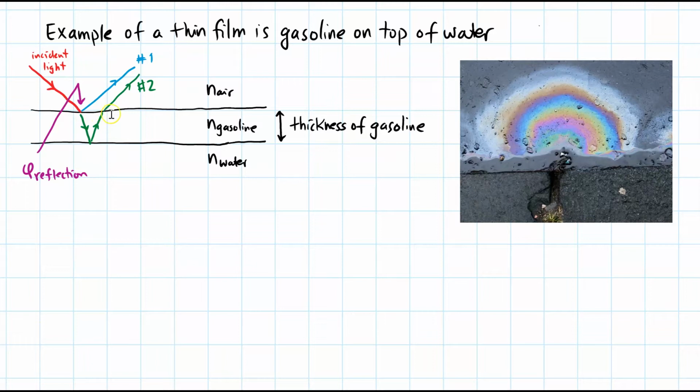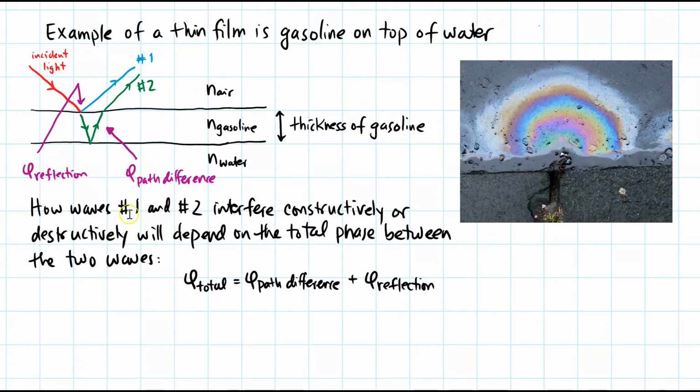Even though there's light being reflected off the boundary between air and gasoline, I'm not showing it, but what you're seeing here is that I have two rays, ray number 1 and ray number 2, that are now going to interfere with each other. The important piece is that the green wave travels farther than the blue wave, and therefore develops a phase difference between ray number 1 and ray number 2.